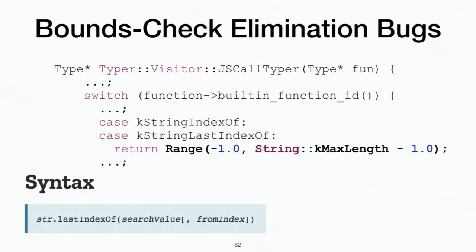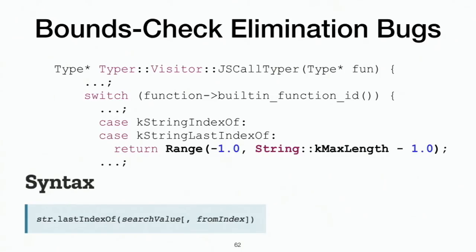So there's this function called string.lastIndexOf. You can call it on a string. What it does is you give it a search value and it tells you the last index where this search value occurs in the string. So you might be searching for a character or whatever. Now the V8 engine tried to inline this call to this function, and it would try to predict the output value of that call.